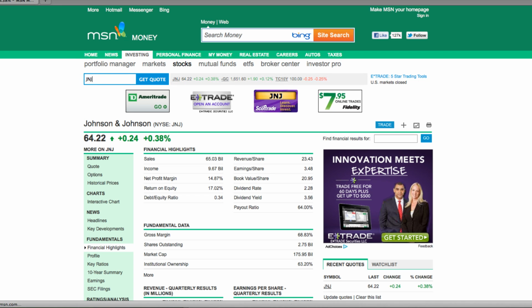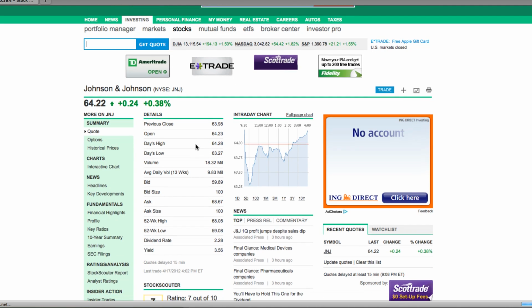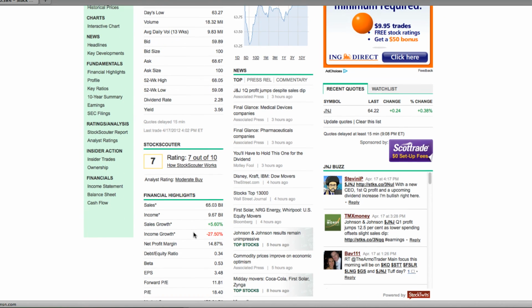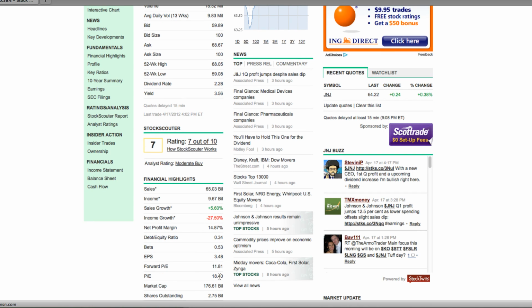If you don't want to do the math and you just want to look it up, go back to the top level page, and when you scroll down here, you're going to see the price to earnings ratio right here. The PE is $18.40. And if you remember that little phrase that I taught you with the PE, for every $18.40 I spend buying Johnson & Johnson, I can expect $1 in return 1 year later.